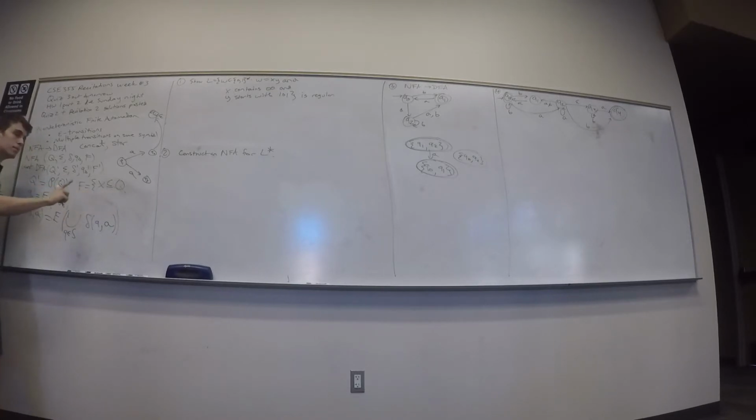So remember, the states of the DFA are sets of states in the NFA. So X really is a state of the DFA, but it represents a set of states in the NFA. So how do I determine if this subset X has any final states in it of the NFA?